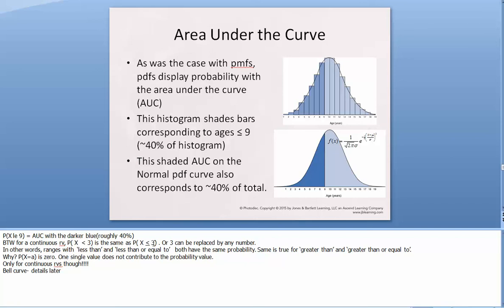Because of that property of a continuous random variable, the less than and less than or equal to inequalities have the same probability. The same is true for greater than and greater than or equal to. Now remember, this is only for continuous random variables. For discrete random variables, X less than 3 and X less than or equal to 3 are different, because the latter has this additional 3.